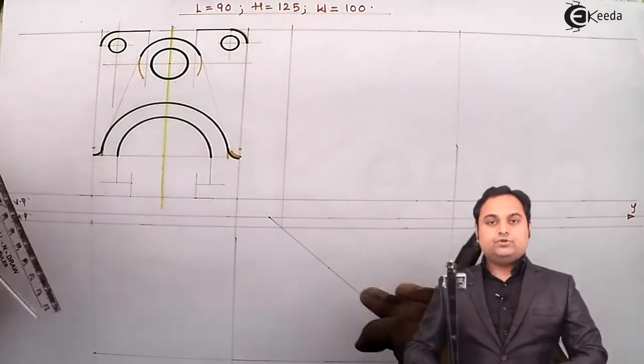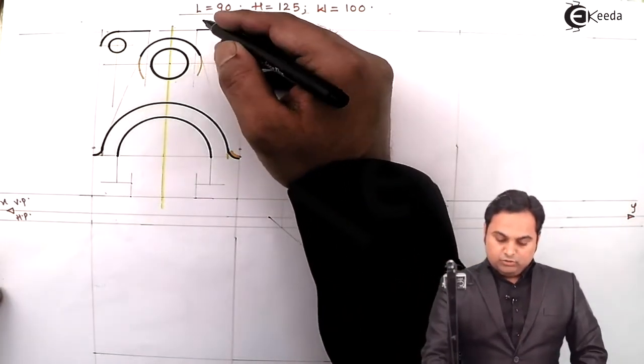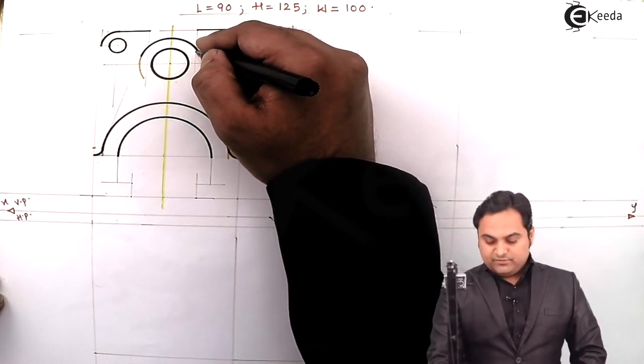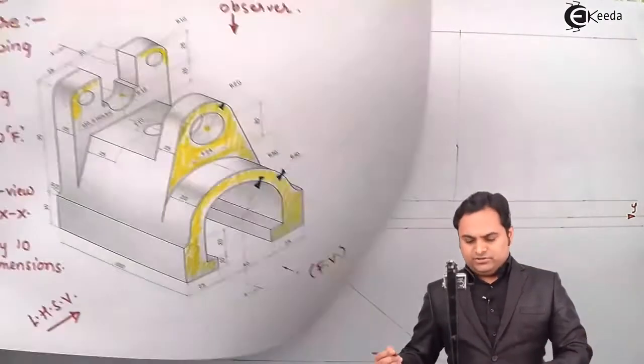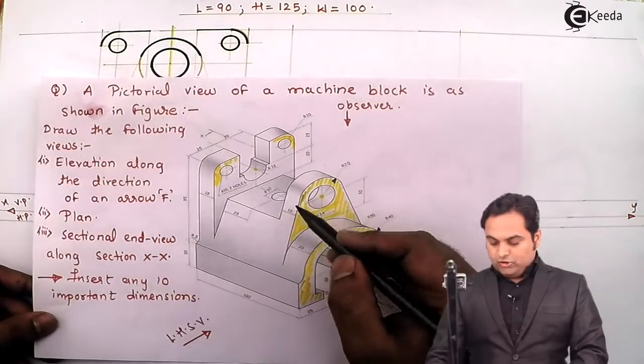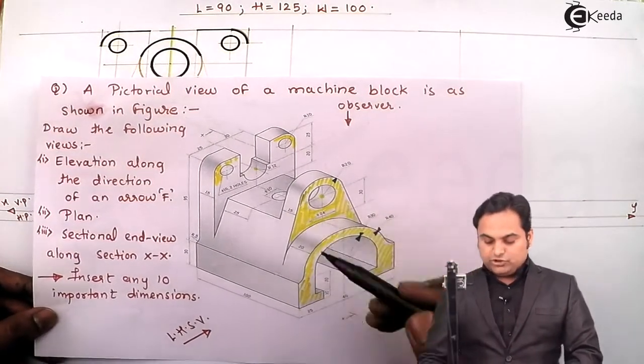And this line which is going down will be dark only up to this semicircle, and whatever part of the line crosses this semicircular portion will be hidden, because this line is behind the semicircular portion, or we can say behind this curved portion.